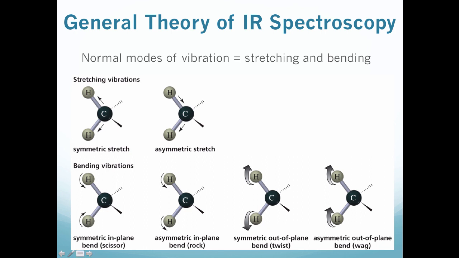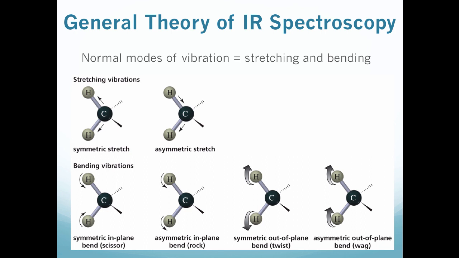So here we can just see for a CH2 moiety in a molecule, there's actually 6 different modes of vibration. The CH2 can stretch, so we can have a symmetric stretch or an asymmetric stretch, but also the CH2 can bend. So this bond angle can decrease and increase in a bending, and you can have both symmetric and asymmetric bending. And we're going to look at an animation of some of these in just a minute with water.